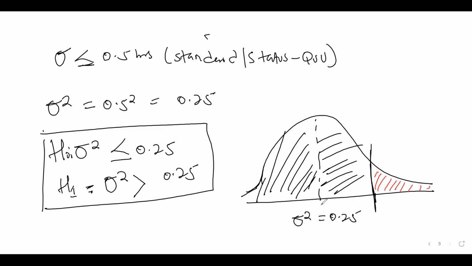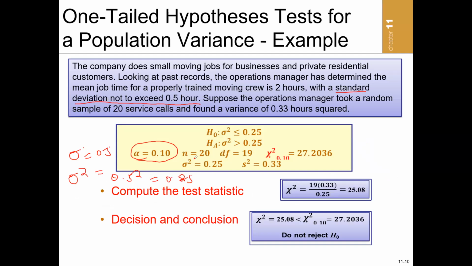But then remember, we need to know the bound. Since alpha is 0.10, and if you look in the question, the sample size is 20.